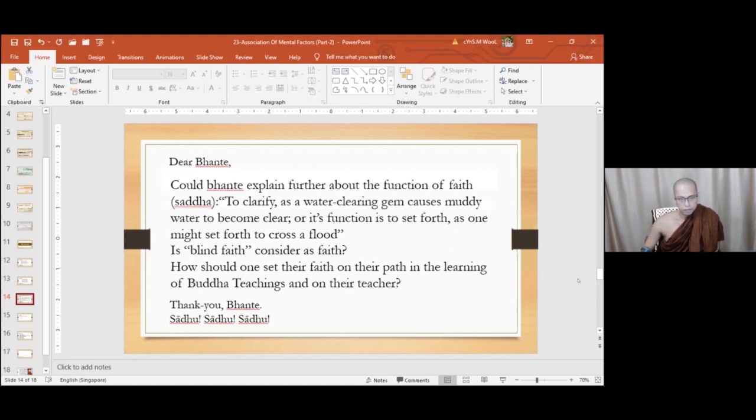Then, okay, how should one set their faith in learning Buddha, Dhamma, Sangha? This is a very good question. We are now learning the Buddha's teaching, and how can we set forth, how can we keep our study and our practice? Actually, the Buddha Dhamma is a practical teaching.